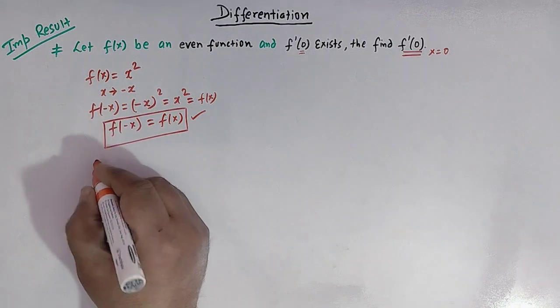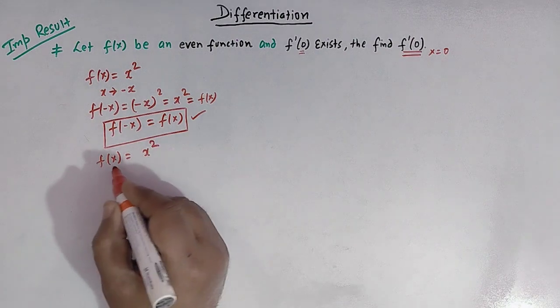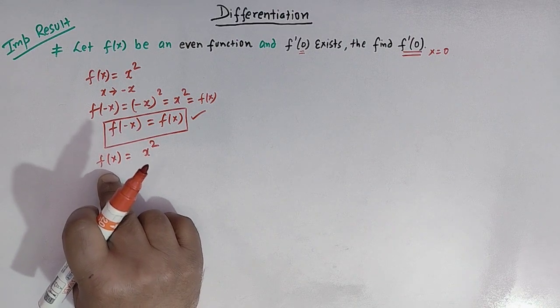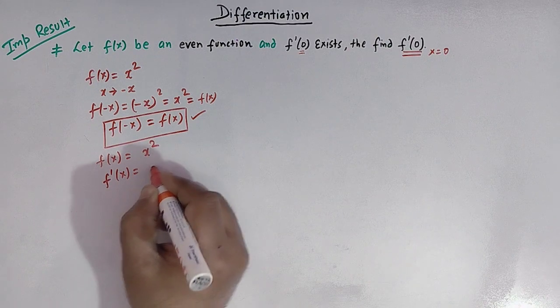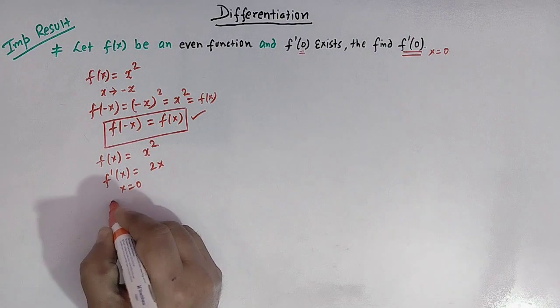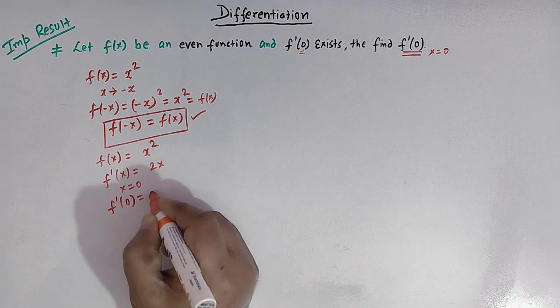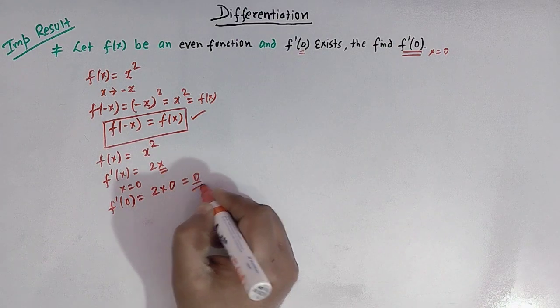So here we have f of x is equal to x square. Now let us find out the derivative of f of x. So f prime of x is 2x. Now if we take x is equal to 0, then f prime of 0 is 2 times 0, so this is 0.